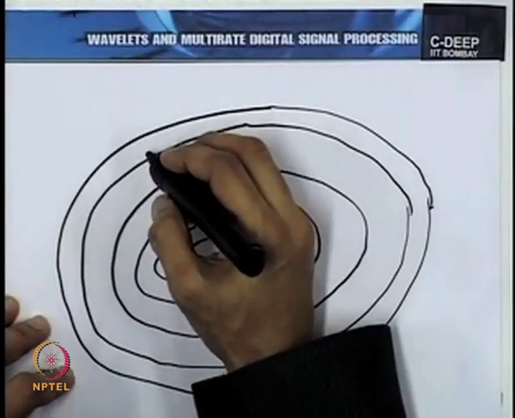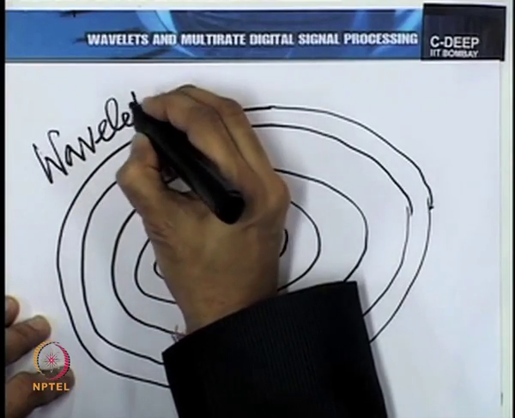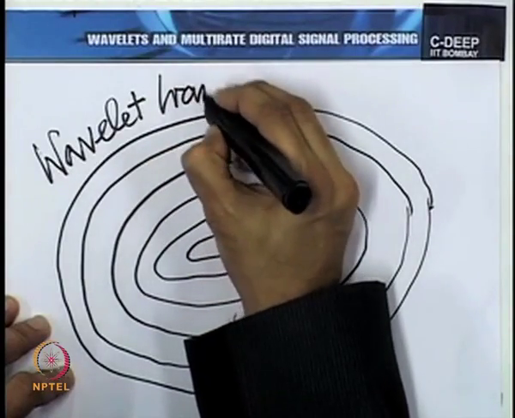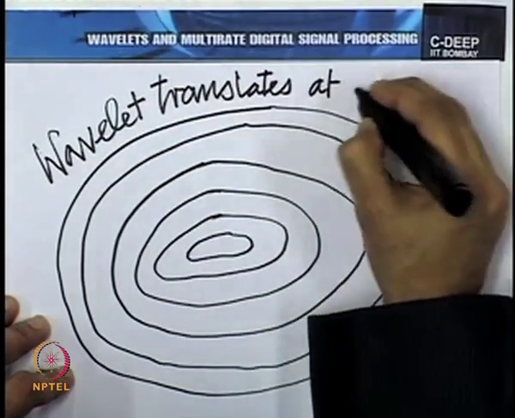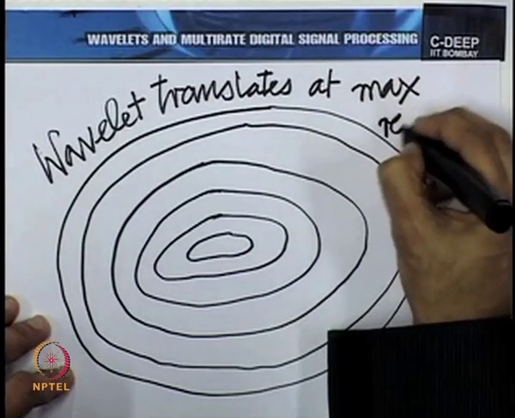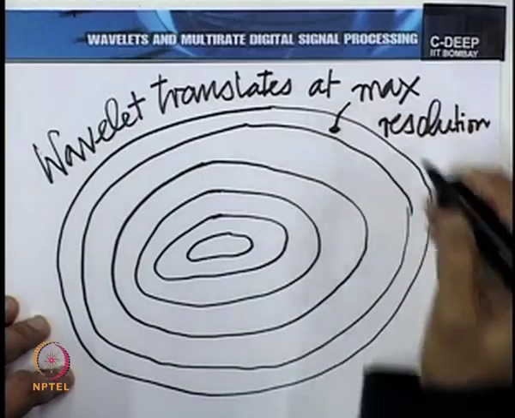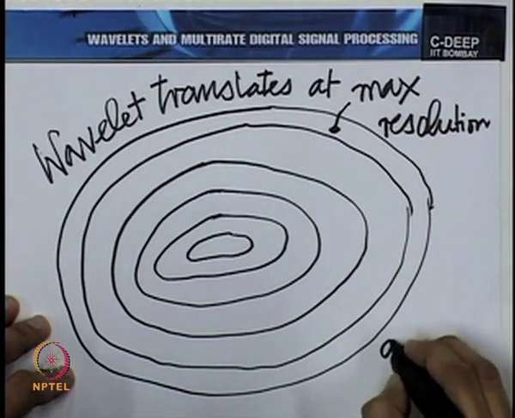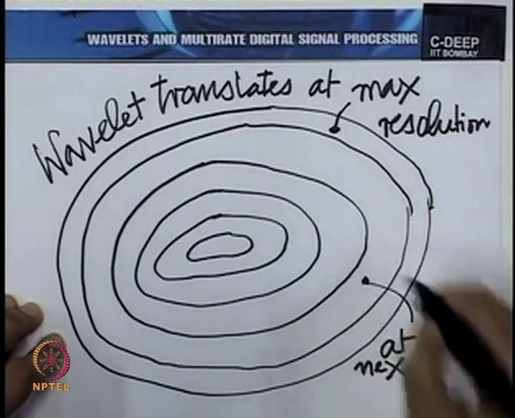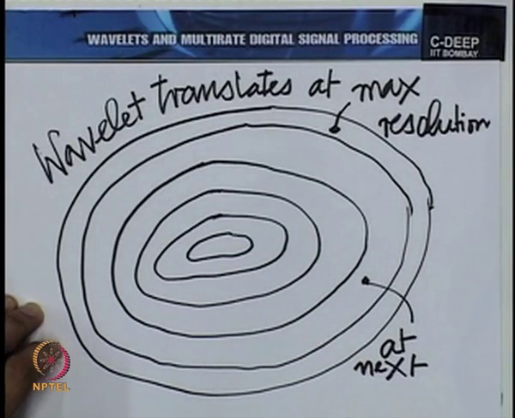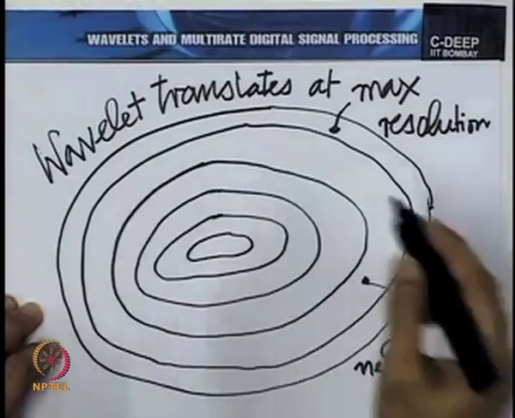So, the wavelet translates at the highest resolution, at max resolution, would essentially take out this. At the next resolution, it would take out this shell and so on. So, when you reduce the resolution, what you are doing is to peel off shell by shell.